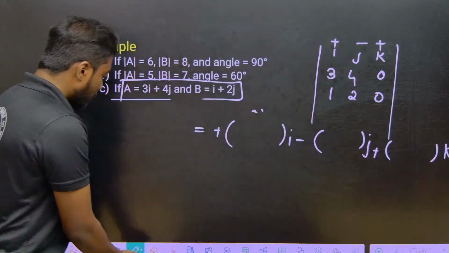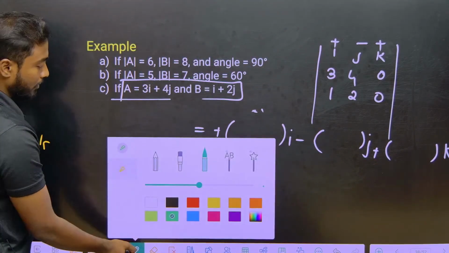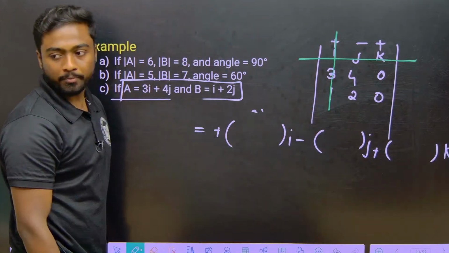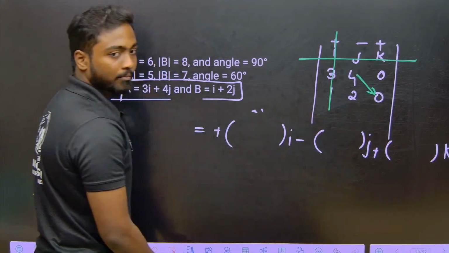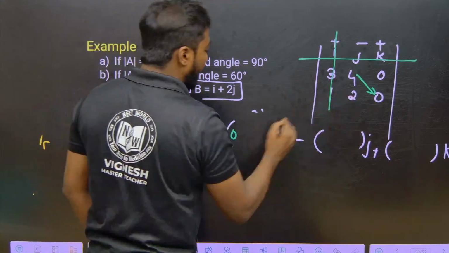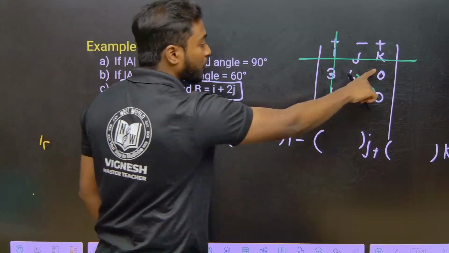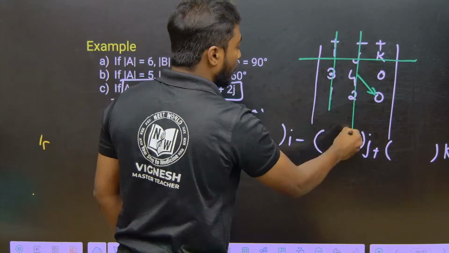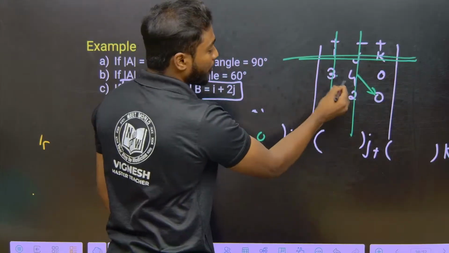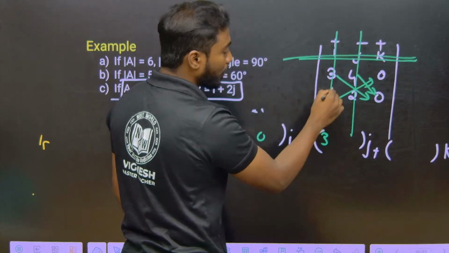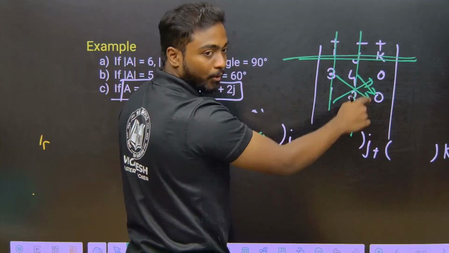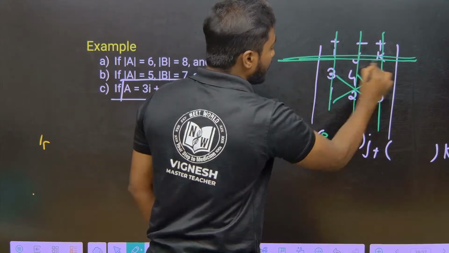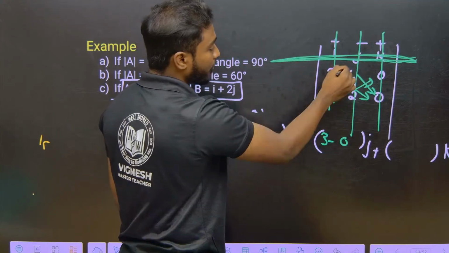When I do for i cap, close the i row and column, cross multiply, it is 0 minus 0, which is 0. When I do for j, close this one and this one, cross multiply 3 0, and minus of 0 is 0. For k, close this one and this one, cross multiply this.